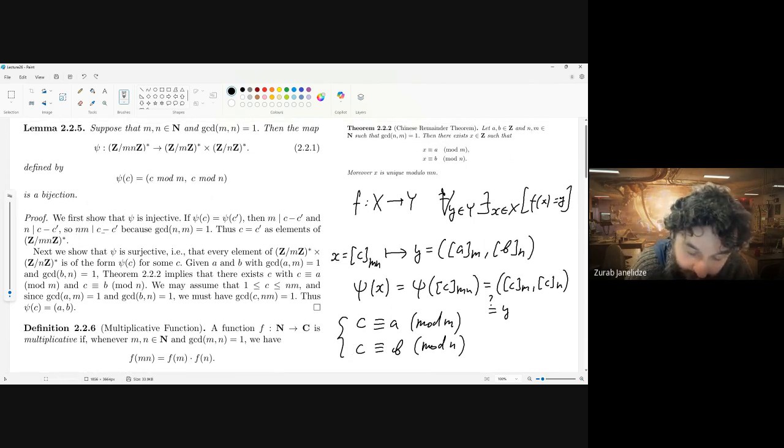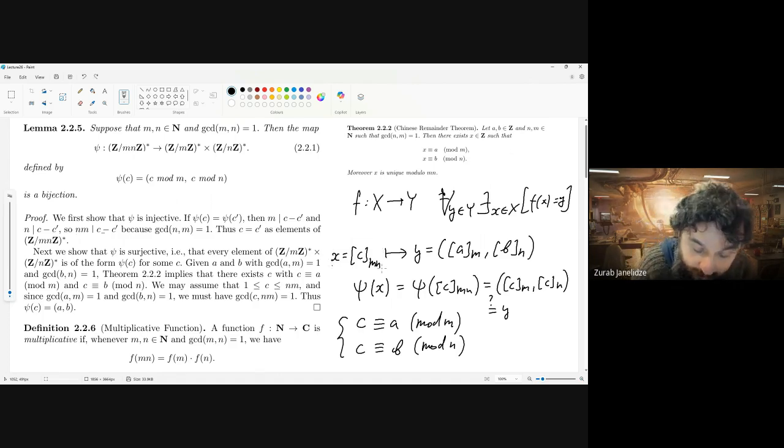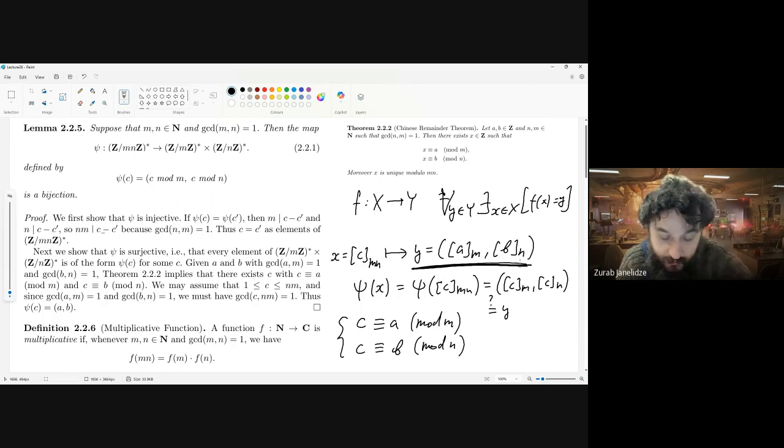Okay, good. If such C exists, then we can take as our X in the proof of surjectivity the equivalence class of C for the Mn relation. And then when we apply psi to X, we will indeed get the Y we desire to get.